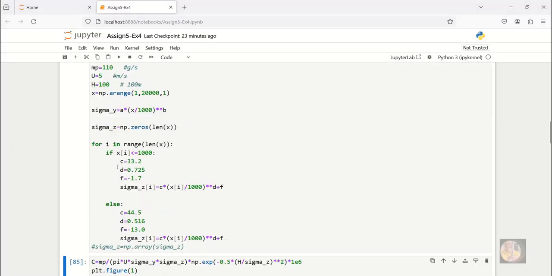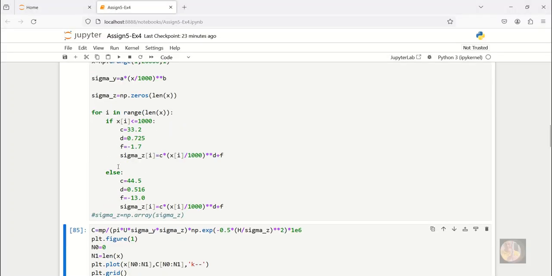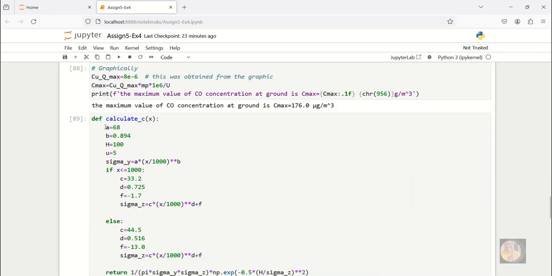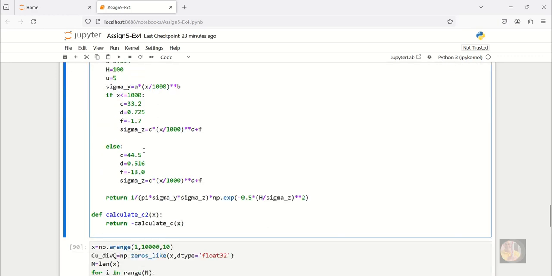So I'm gonna come back. I defined the function called calculate C. Here, in reality, we calculate for the atmospheric class, for the value of U, etc. Sigma Y, sigma Z, we have an H value.